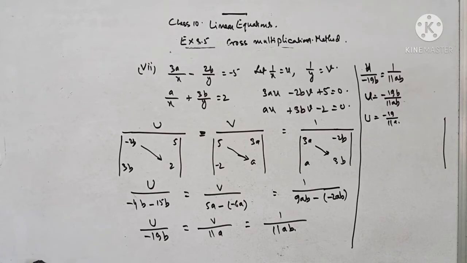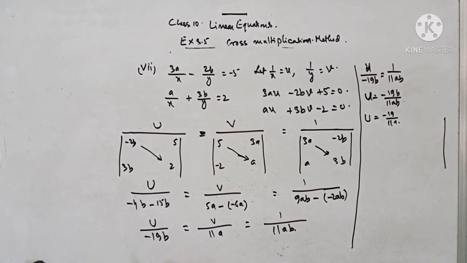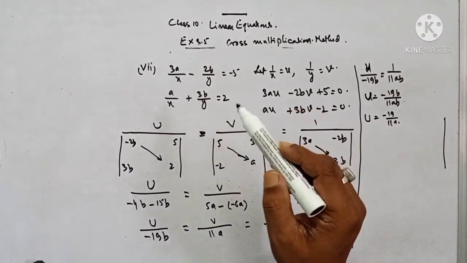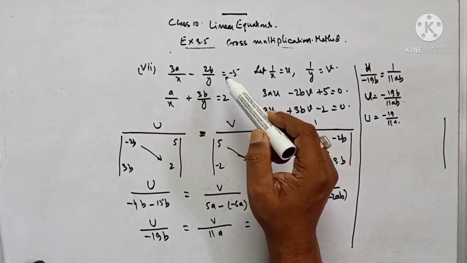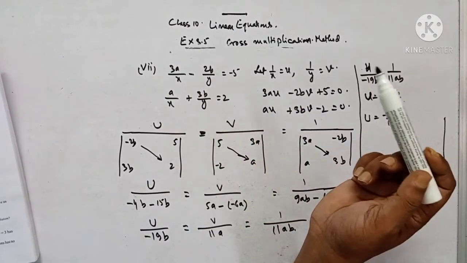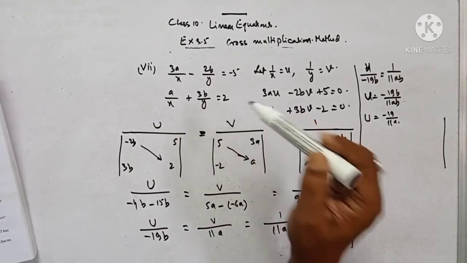Yes, there is something wrong here, because the answer is u, that is u means x, b is correct. Let me check the question. 3a by x minus 2b by y is equal to minus 5, and a by x plus 3b by y is equal to 2.